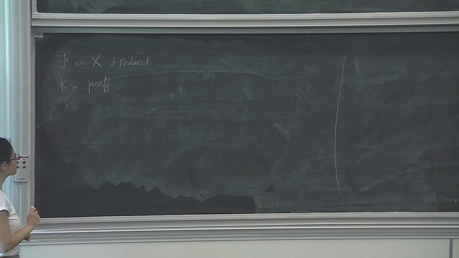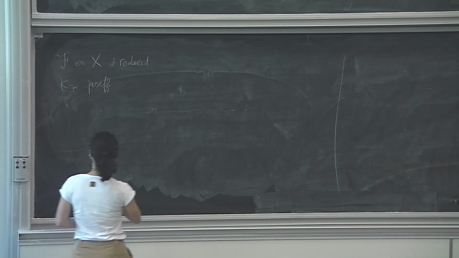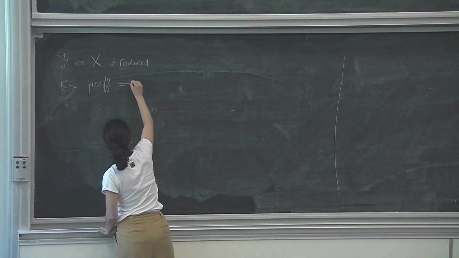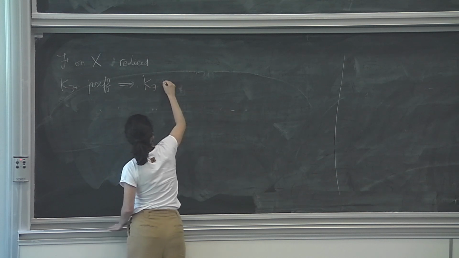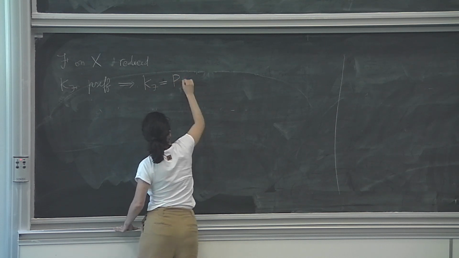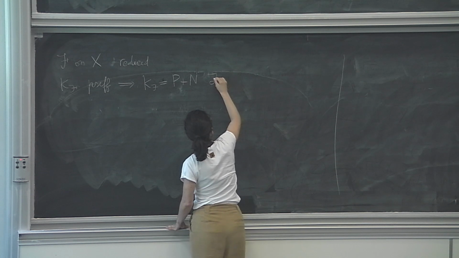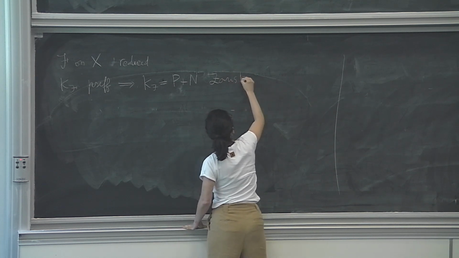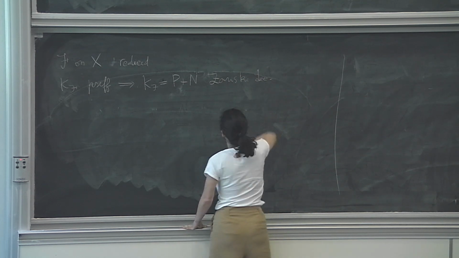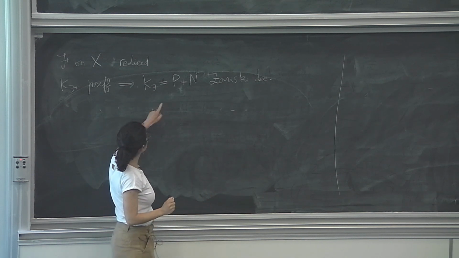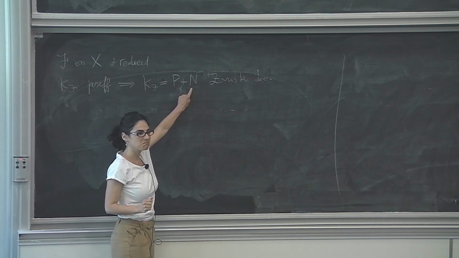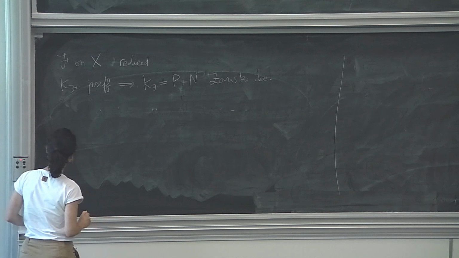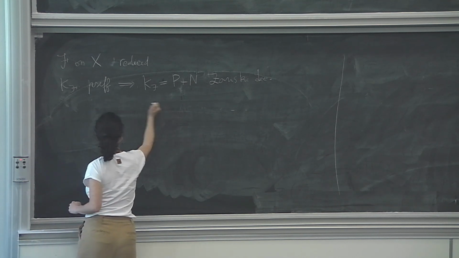So tomorrow we're going to look at the non-pseudo-effective case. But if K_F is pseudo-effective, then we consider its Zariski decomposition. And the goal for today is understanding N. So we assume that N is non-zero.